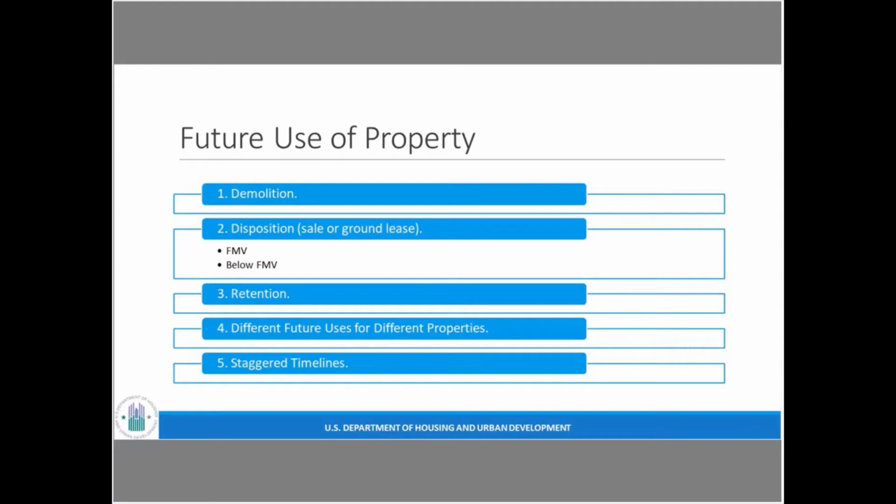One of the tricky things here is the families have the statutory right to stay in their units using tenant-based assistance, which will require a HAP execution, and a housing authority can't sign both sides of the HAP contract.